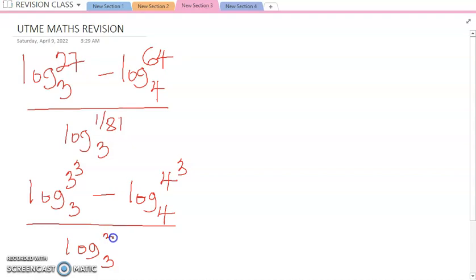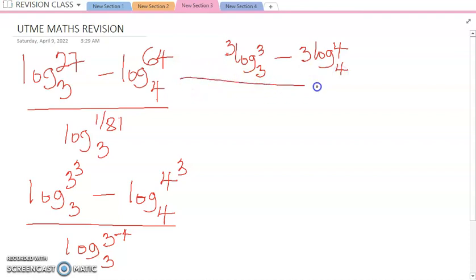So you have 3 raised to power minus 4. So if we solve this, we're going to have 3 log 3 of 3 minus 3 log 4 of 4, divided by minus 4 log 3 of 3. Now if the numbers and the base are equal, then it will be 1.